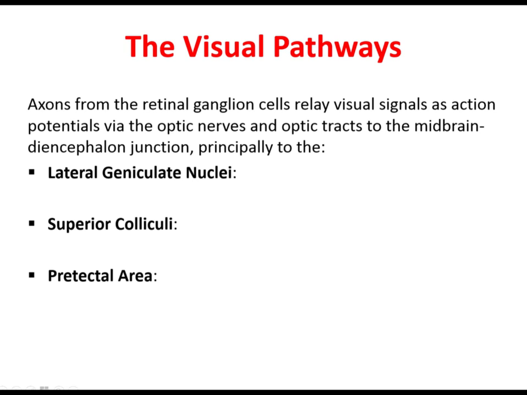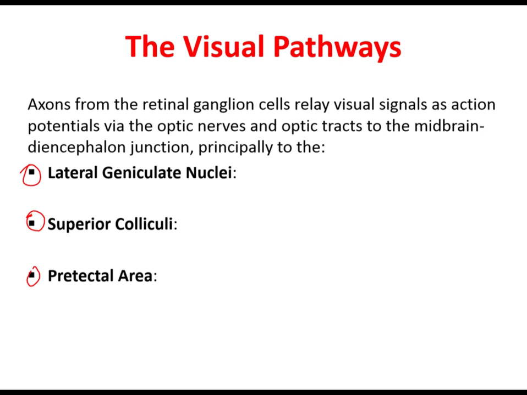We have those going to the lateral geniculate body, some terminating in the superior colliculus, and then others going to the pretectal nucleus. So that's where these visual pathways actually terminate.